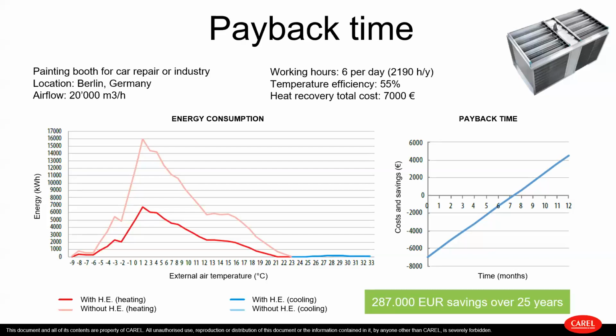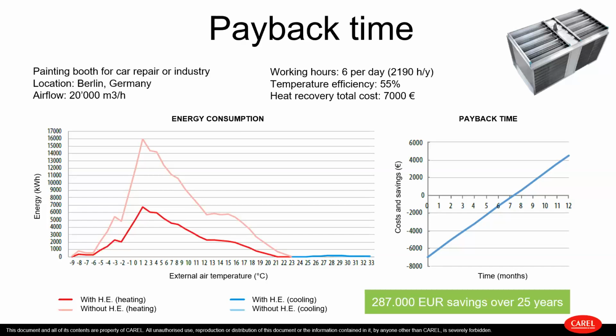Starting from the light red, with the heat recovery component, we can decrease the energy consumption by 55%. So we can go down, and we have the red line. Of course, the cooling recovery is really small, because small is the energy requested for the cooling.